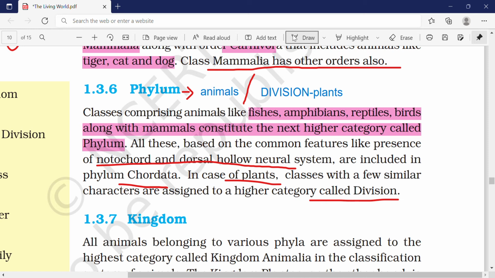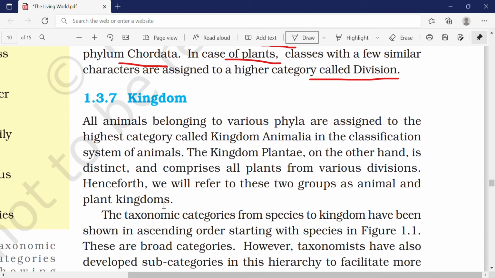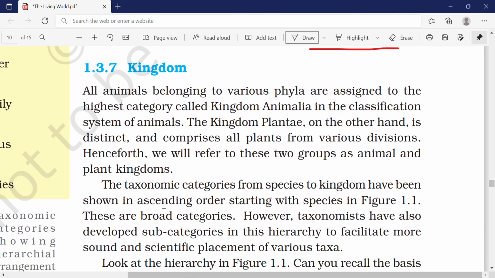They are based on common features like the presence of notochord and dorsal hollow neural system included in the Chordata. In the case of plants, it is called division. So, kingdom, all animals belonging to various phyla. Now, a group of phyla together is called a kingdom. Kingdom Animalia and Kingdom Plantae.